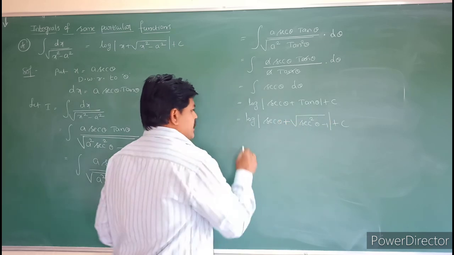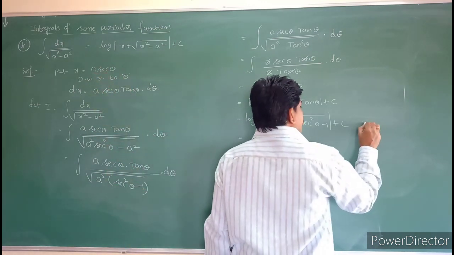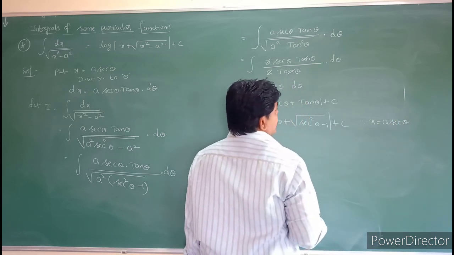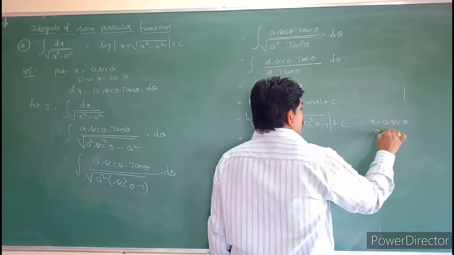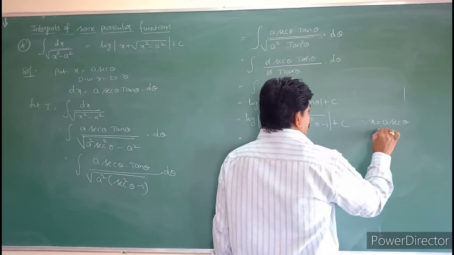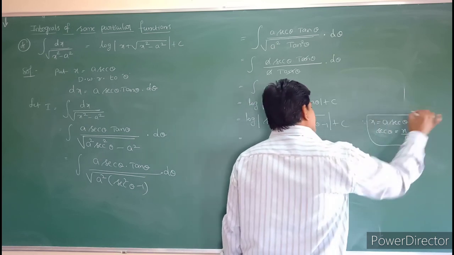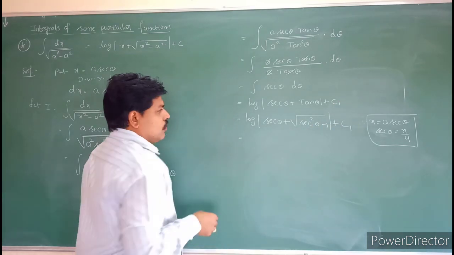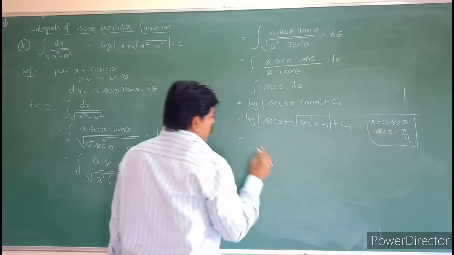Okay. So see the question, students, what we have taken here. Since x is equal to a secant theta, that implies secant theta is equal to x by a. Also, this integral constant I am taking as c1, and we replace secant theta is equal to x by a. What happens here?